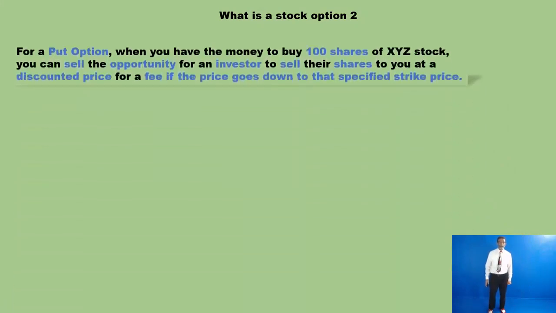All right, for a put option, when you have the money in your account to purchase 100 shares of, let's say, XYZ stock, you can sell the opportunity for an investor to sell you their shares at a discounted price if that stock goes down to a certain strike point for a specified amount of time.